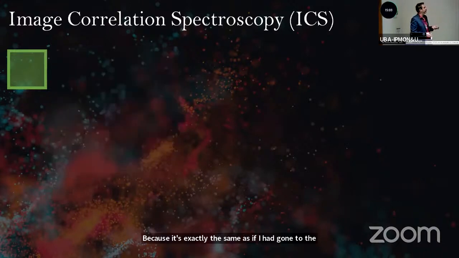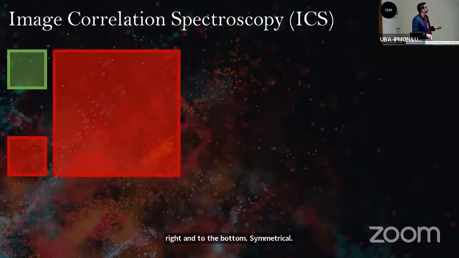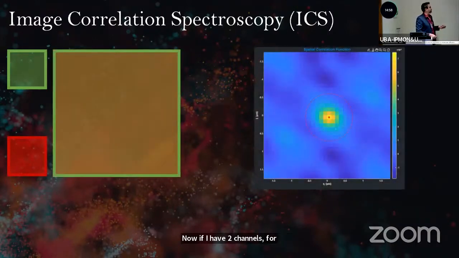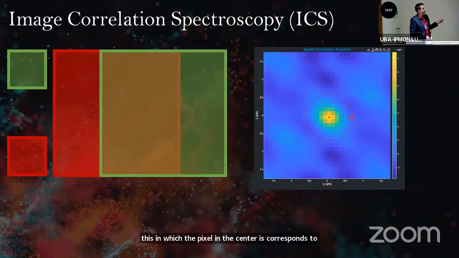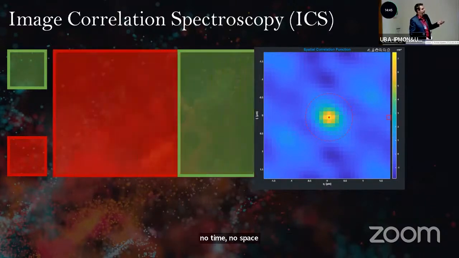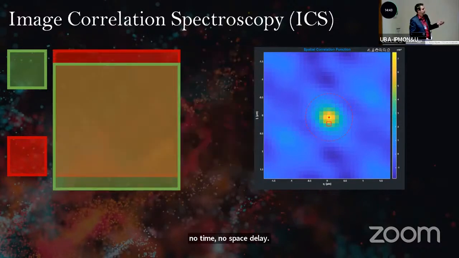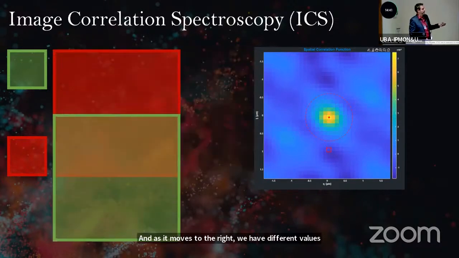It's symmetrical. Now, if I have 2 channels, for example, one in red and one in green, we can do the exact same thing, and we generate this correlation function, which looks like this, in which the pixel in the center corresponds to no space delay. And as it moves to the right, we have different values, and it decays laterally, and as it moves downwards, it decays as well.